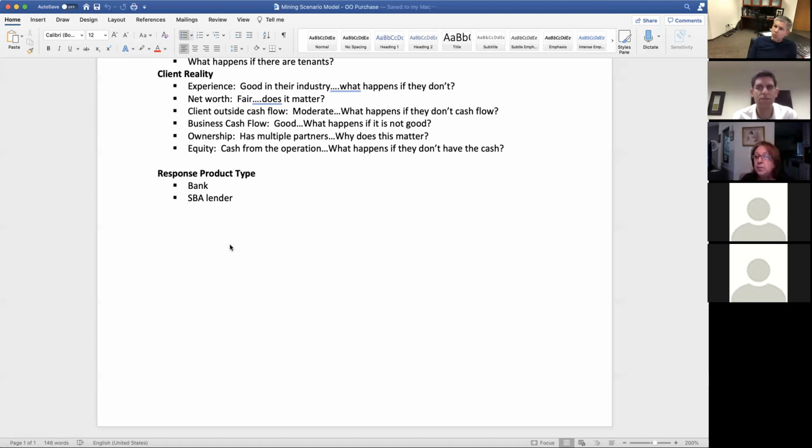So ownership is important. Anybody with 20% or greater is going to have to sign personally on a loan, so you have to communicate that to the borrower. In some instances, even if they have lower than that, if it's close, the SBA might ask for a guarantee.